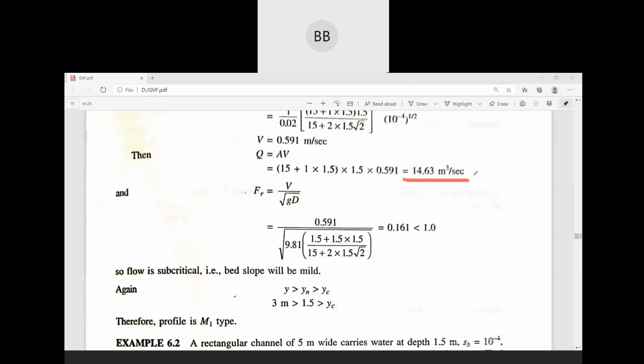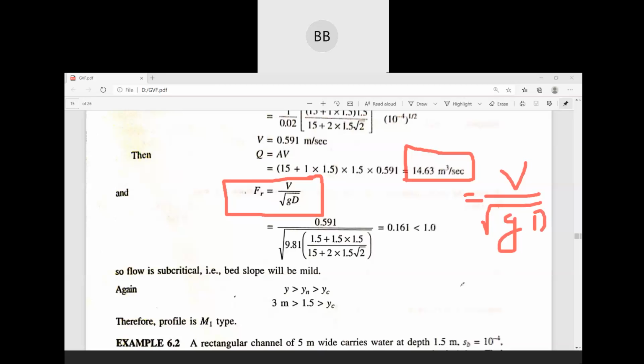After finding out the discharge, you have to calculate the Froude number. Froude number is nothing but V by root over gD, where D is area by top width. You cannot directly use y in place of D because here it is a trapezoidal channel.